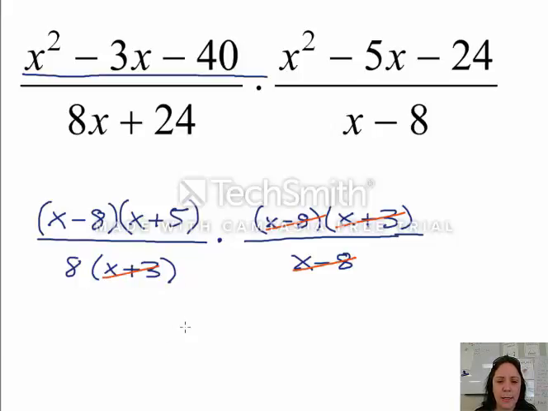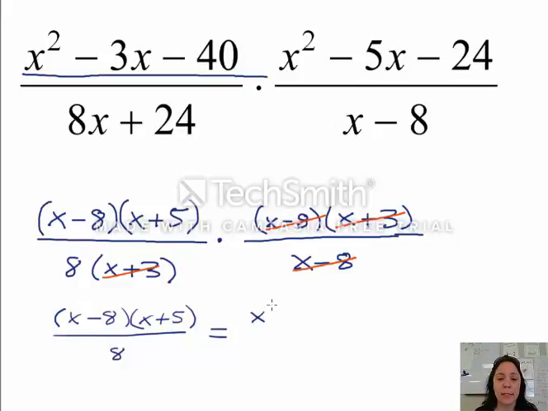So now I multiply this out. This gives us x minus 8 times x plus 5 all over 8. And now we've been asked to multiply this back out.